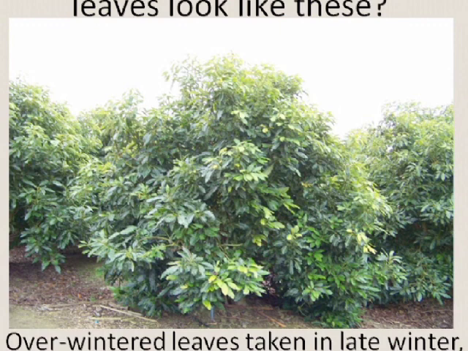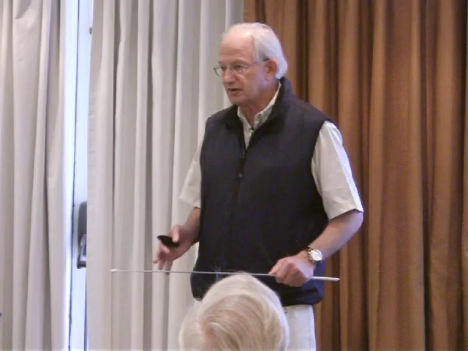And if you look at it in a simple context, does this leaf here, which is nice and deep green, photosynthesize as well as this leaf, which is yellow? Every time we allow our leaves to get yellow, their function diminishes.